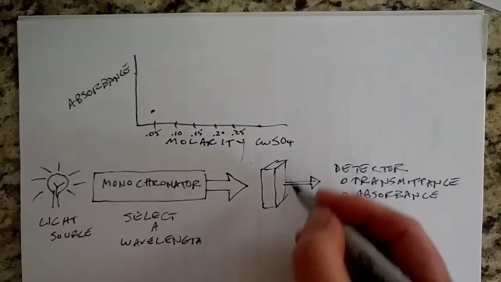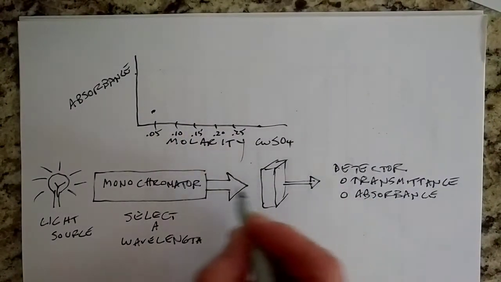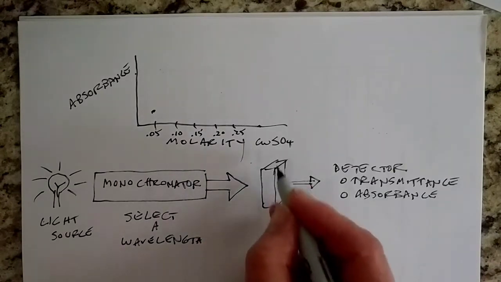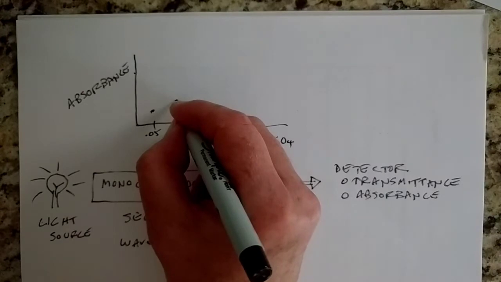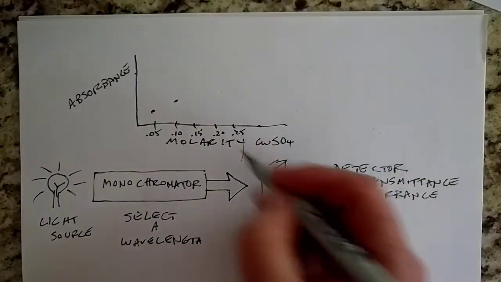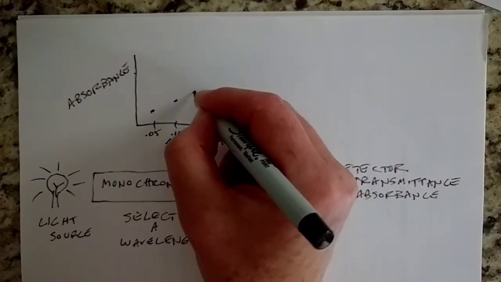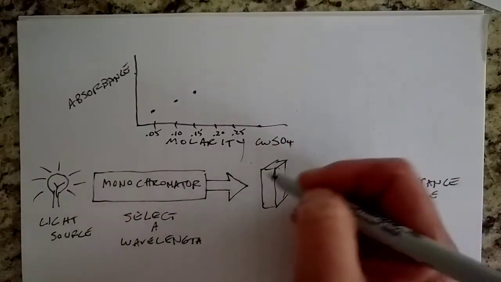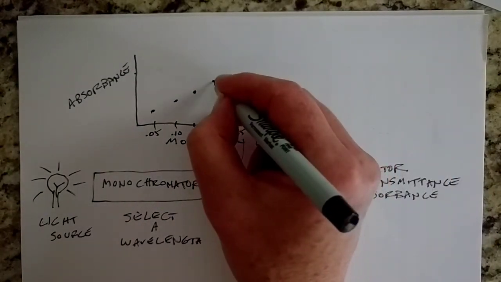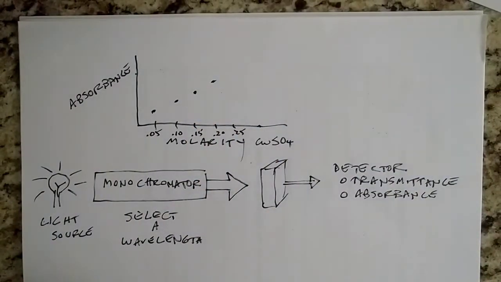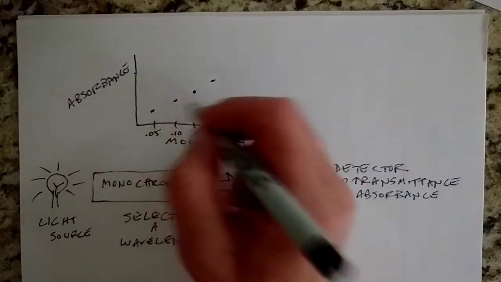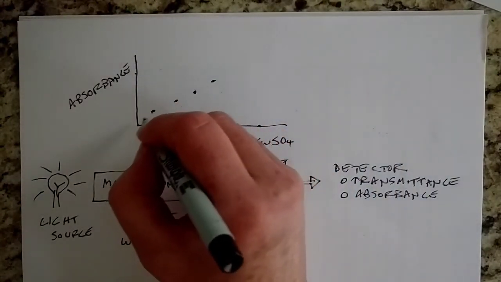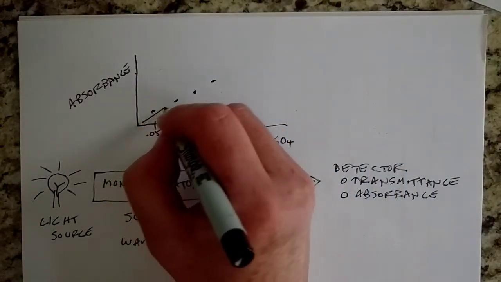And it will be higher because the more copper sulfate, the more of this light gets absorbed and the less makes it back out the other side. Then we empty it out, put in the 0.15, measure absorbance, empty it out, put in the 0.20, measure our absorbance. And if we've done our experiment and made our dilutions, we should get a nice straight line. It's experimental, it might not be exactly a straight line. And then we draw a best fit straight line through our data points.